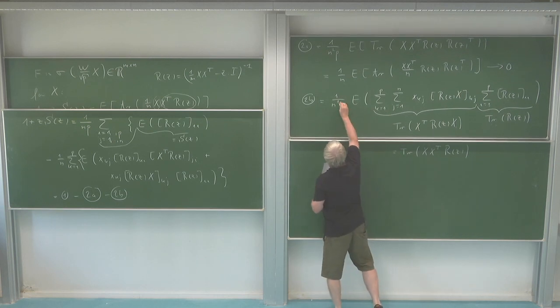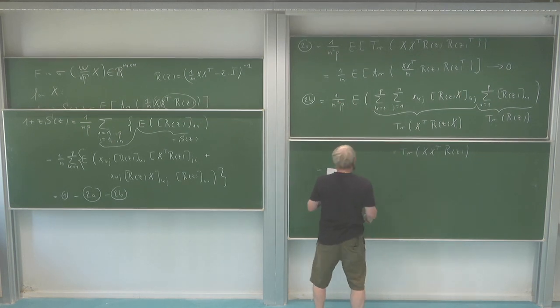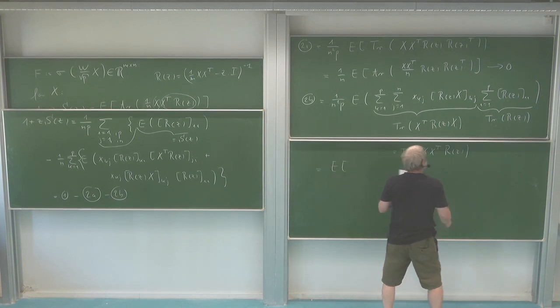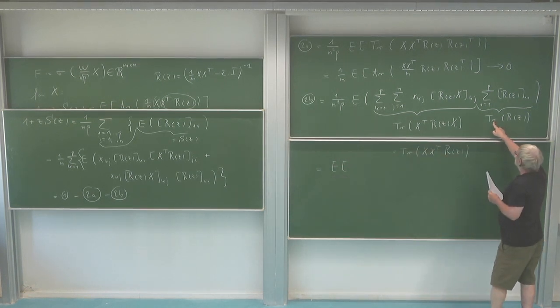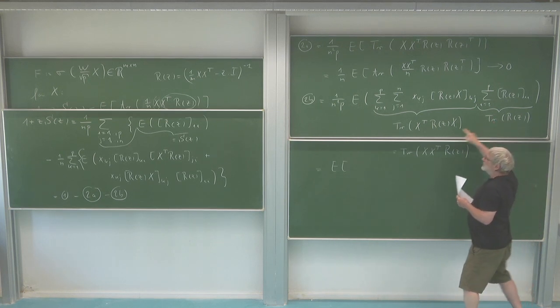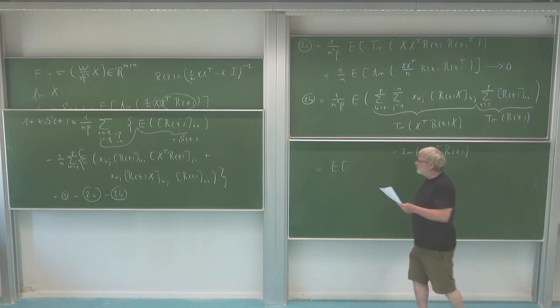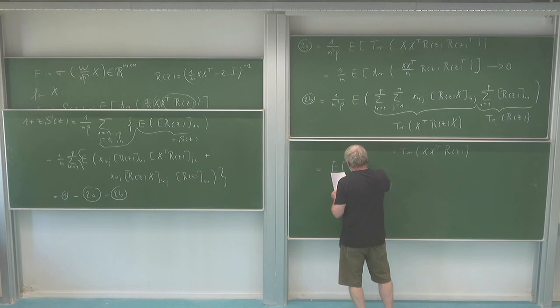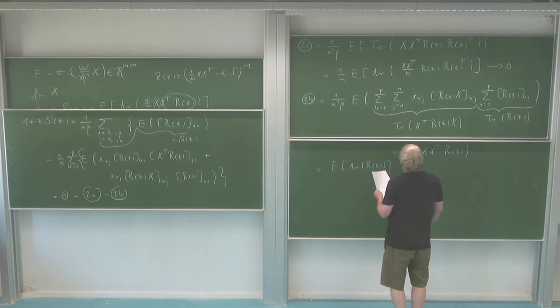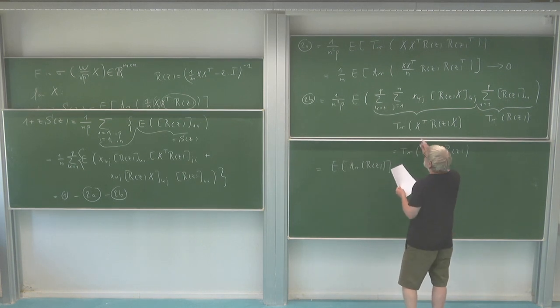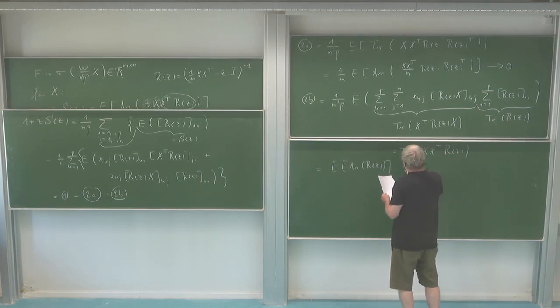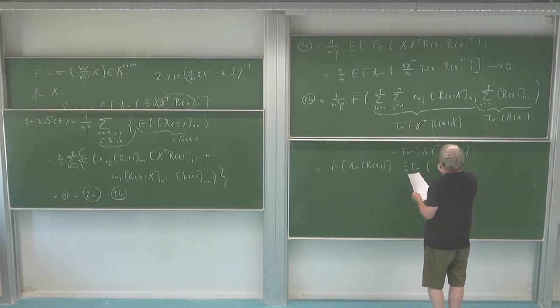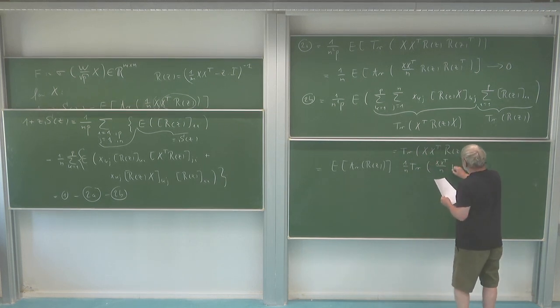Let me write it again. So I have the expectation, and then I'm changing this unnormalized trace to the normalized trace by dividing it by 1 over p. So this gives me then the trace of R of Z. Here I'm putting a 1 over n together with this trace, and I'm putting here a 1 over n with this.